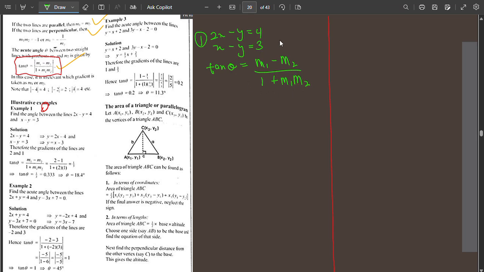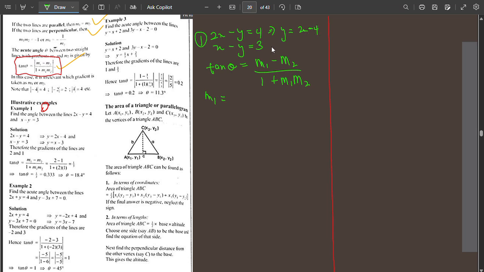And so we have to find the gradient. What's m from equation 1? If you express that in the form y is equal to mx plus c, it would be y is equal to 2x minus 4.